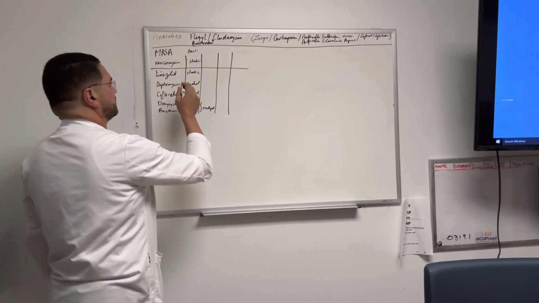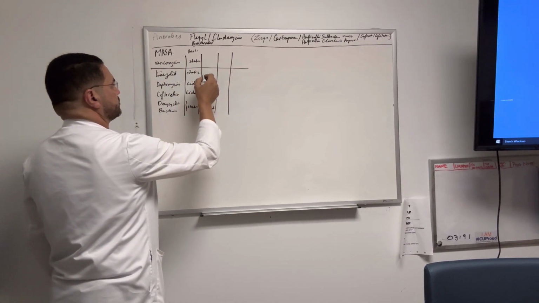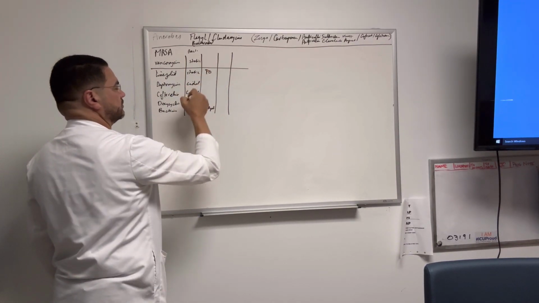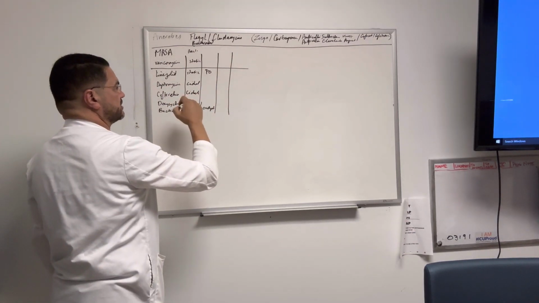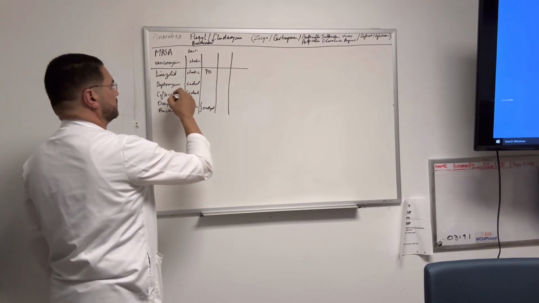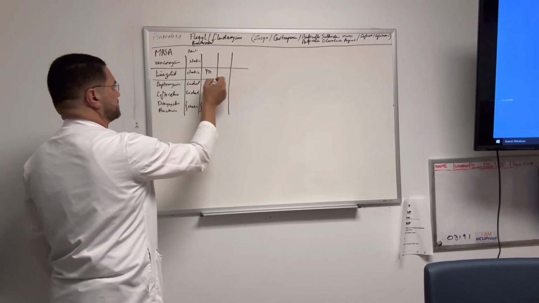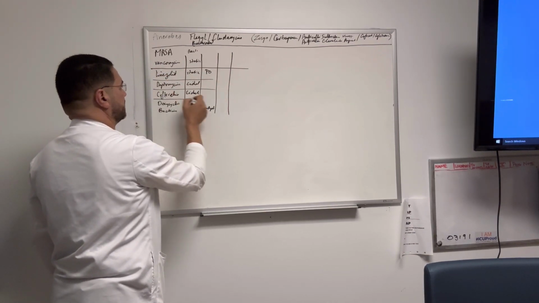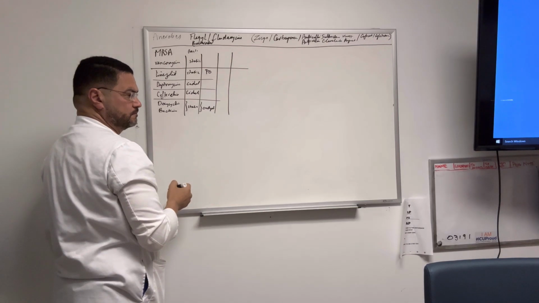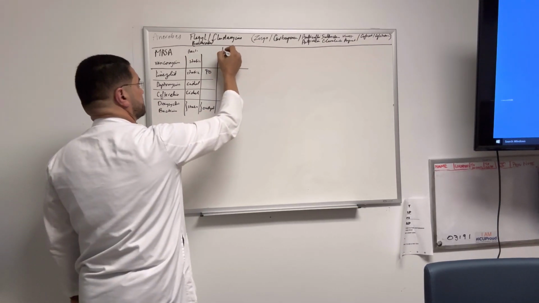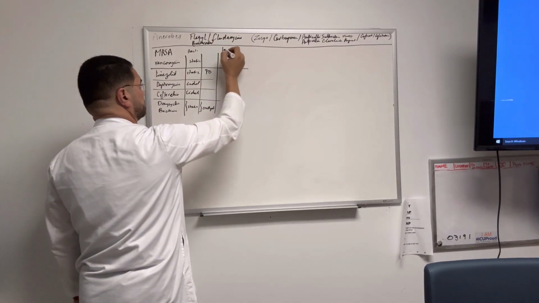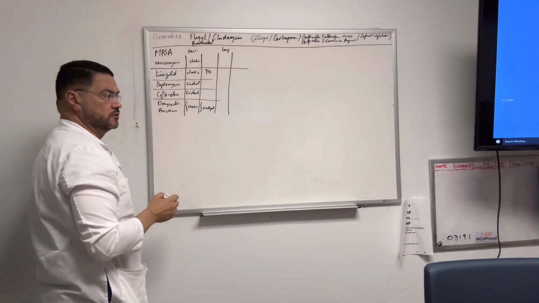Now linezolid, the advantage is it can be given PO, but it can also be given IV at the same dose. Daptomycin, ceftaroline and Vanco, obviously, are all IV. Which one of them is best for lung penetration?